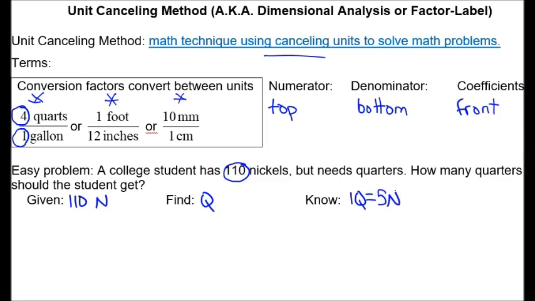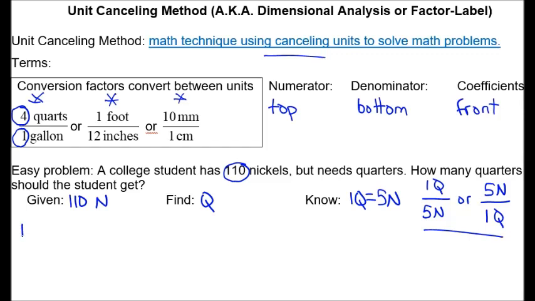We can rewrite these as fractions. So we can say that 1 quarter is equal to 5 nickels, or we can say that 5 nickels is equal to 1 quarter. We're going to use these to do our unit cancellation.